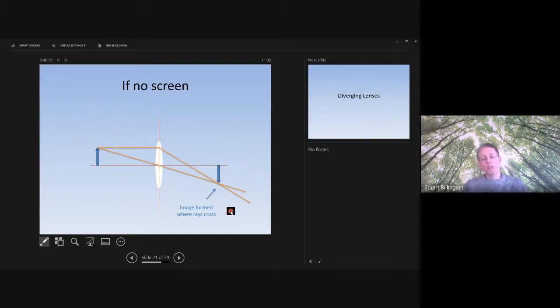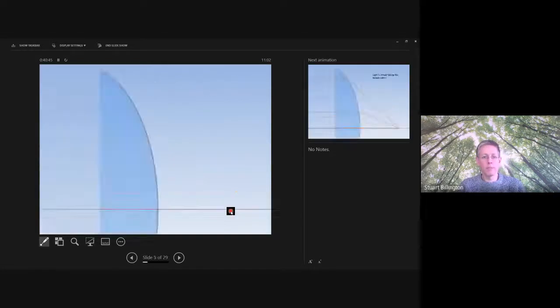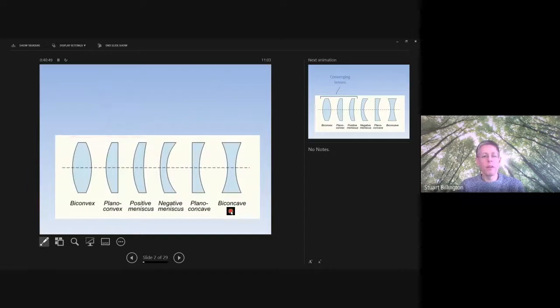Okay, so last lesson, we met what a converging lens was. If I run this all the way back to the start, we met these converging lenses. We looked at how light behaves through an actual lens. I did an experiment for you in class.